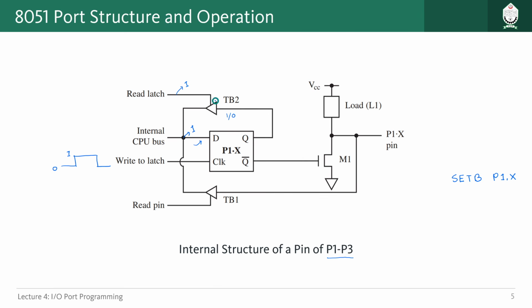So we have two buffers here. One of them is called read pin, another one is read latch. Don't worry about this for now, we will properly understand everything, but just try to understand all of the components of this circuit. Then let us look at this MOSFET, which is connected with the Q bar of our D latch. This is the gate, this is the drain, and this is the source. The source is connected with the ground, but the drain is connected to VCC through a load.